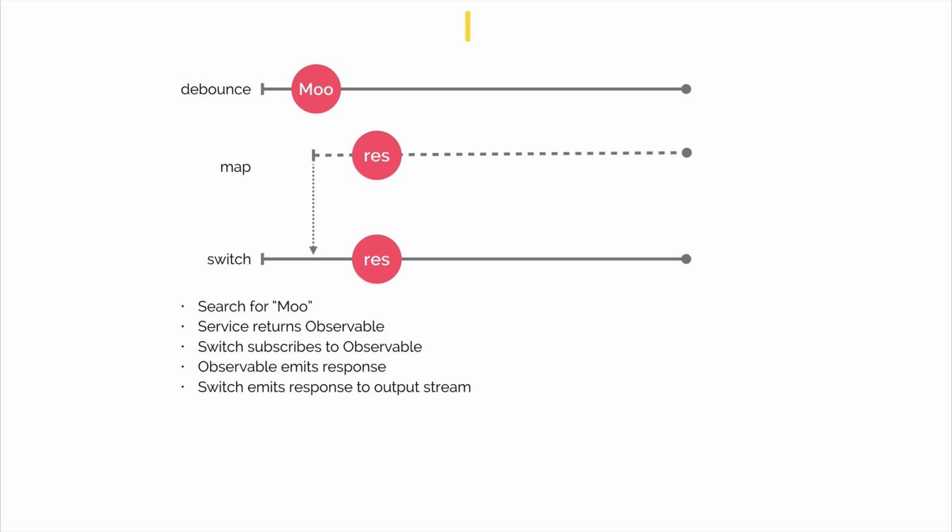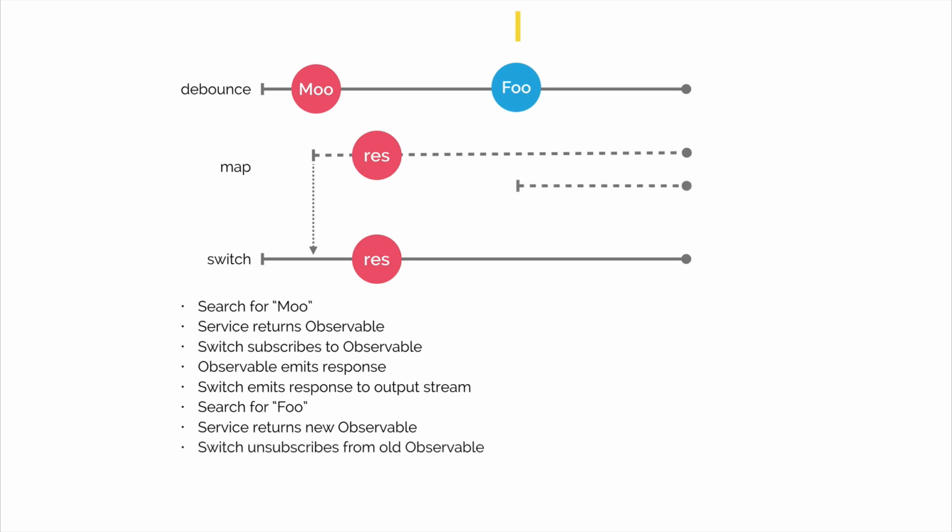And then sometime later on, the user searches for the search term foo. This gets output by the debounce operator, and this gets input into the map operator, which then calls a service, which then returns a new observable. The switch operator then unsubscribes from the old observable.